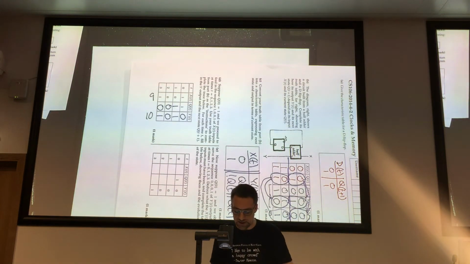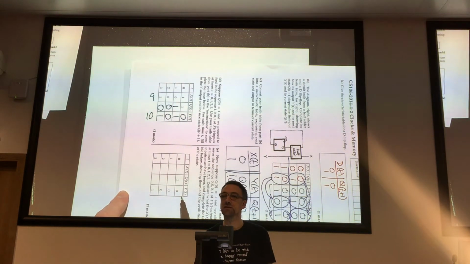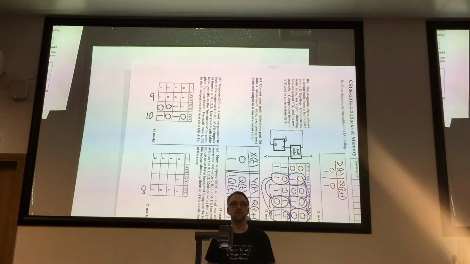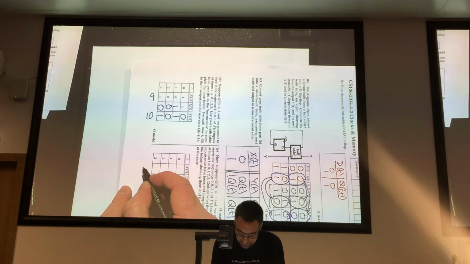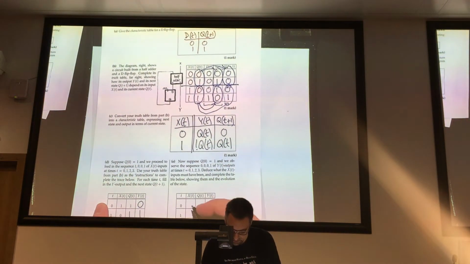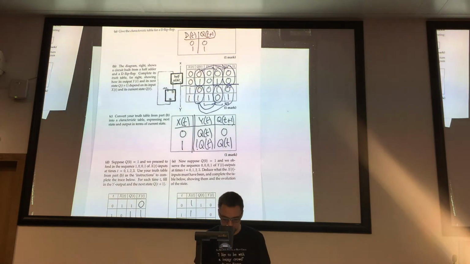Well, what number is this? So what number must we have put in? 7. So that's 1, 1, 1, 0 starting at the little end.